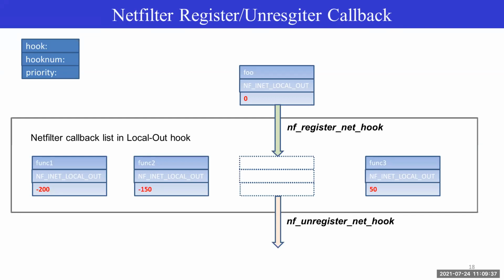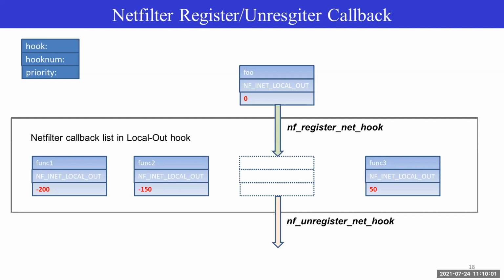So sorting of the linked list according to the priority value is maintained when you are registering the callback, and the registering routine is called nf_register_net_hook, through which you can register your callback.